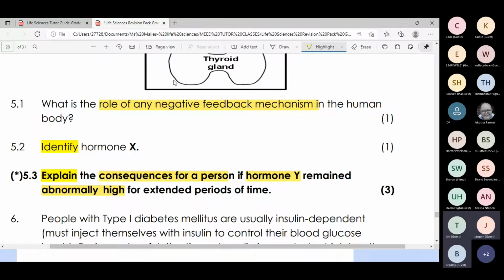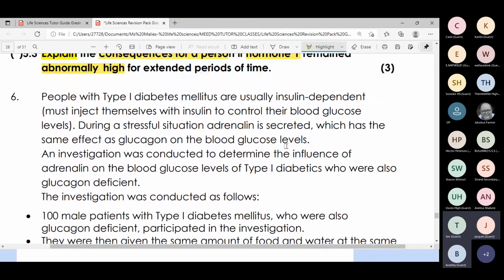And there's the question. Let's do it slowly. People with type 1 diabetes mellitus are usually insulin dependent, which means they must inject themselves with insulin to control their blood glucose levels.